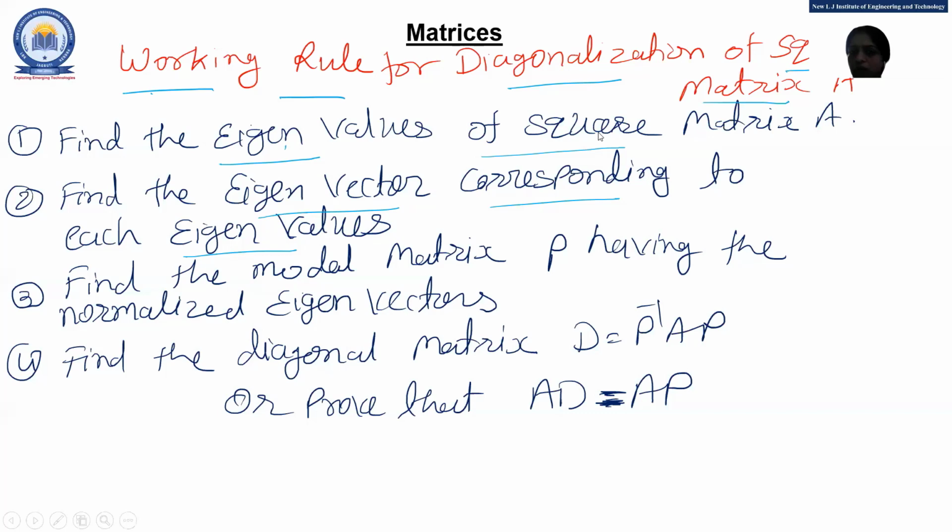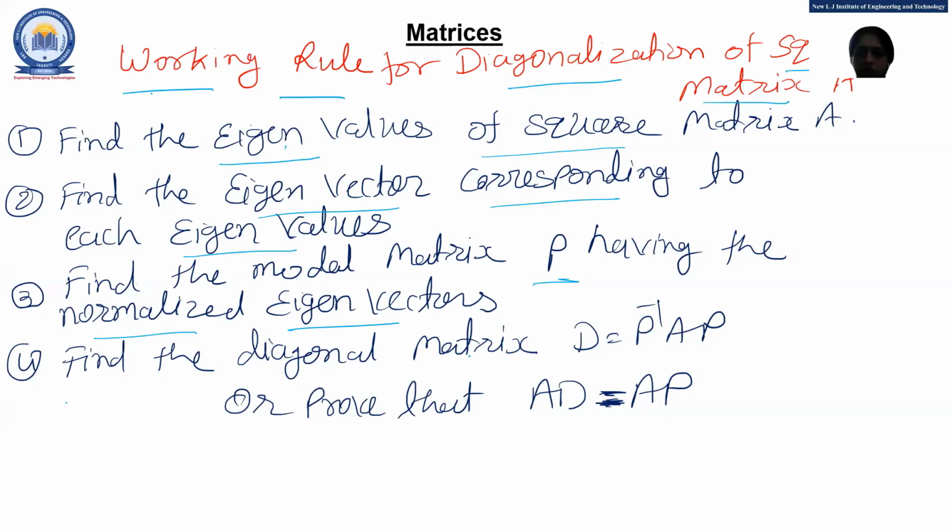And in this topic, again, we'll repeat how to find the eigenvalue and eigenvector. And in the third rule, find the model matrix P having the normalized eigenvectors.